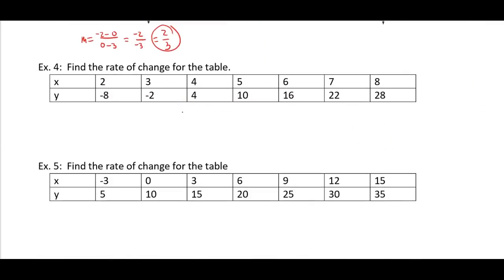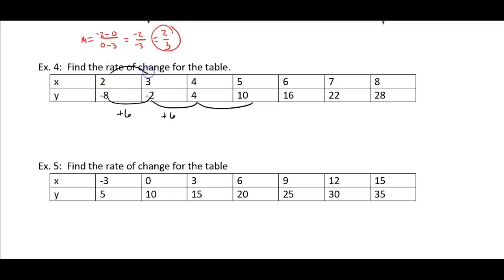Rate of change for a table now. Remember, we said slope is another word for rate of change, which is another word for your common difference. So here, what is my common difference? What is happening each jump here? From -8 to -2, I went up 6. From -2 to 4, I went up 6.